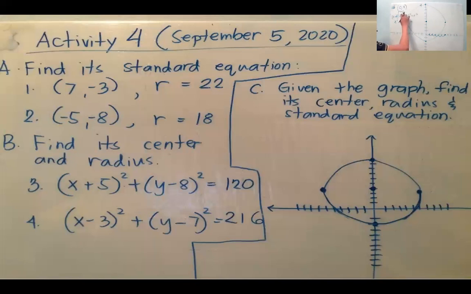We have 6. So 6 squared is 36. So these are the answers for letter C. 0, 4, r equals 6, and then x squared plus y minus 4 squared equals 36 as a standard form. Okay? Now, screenshot. 5, 4, 3, 2, 1.